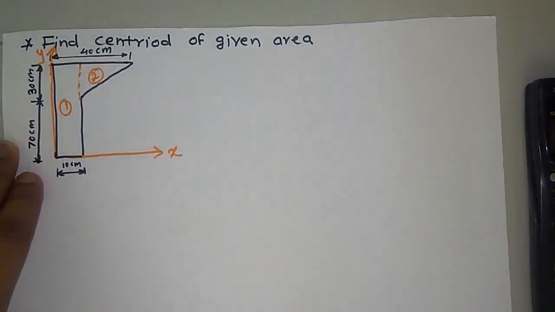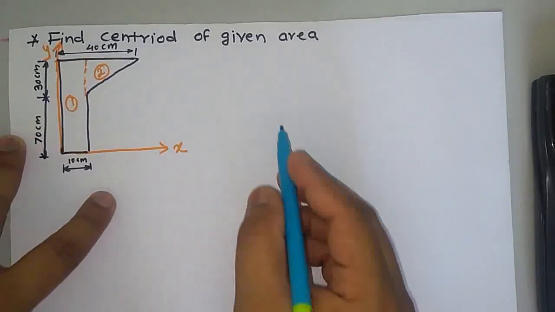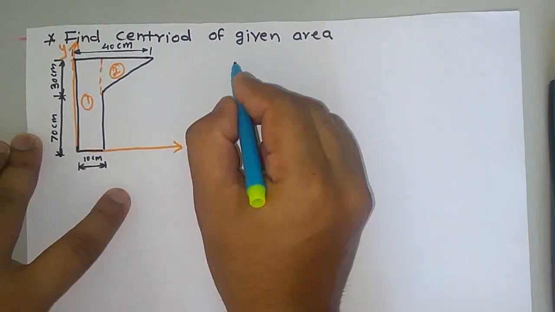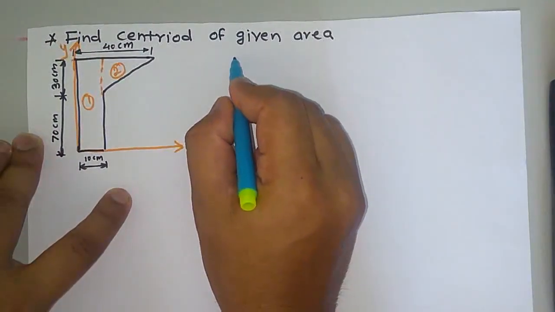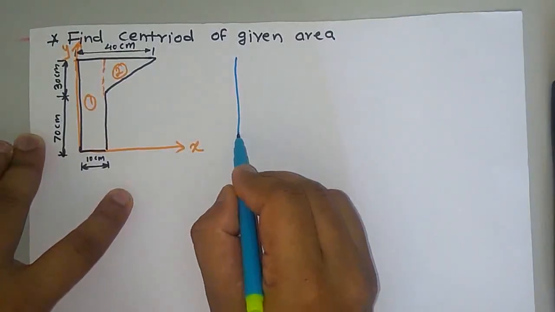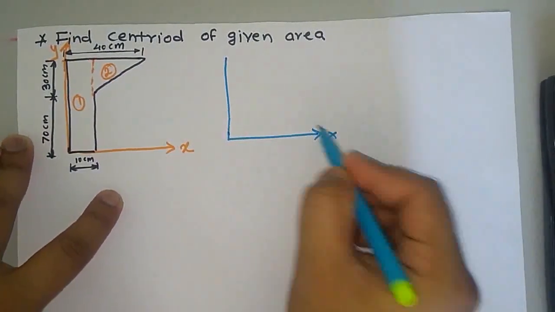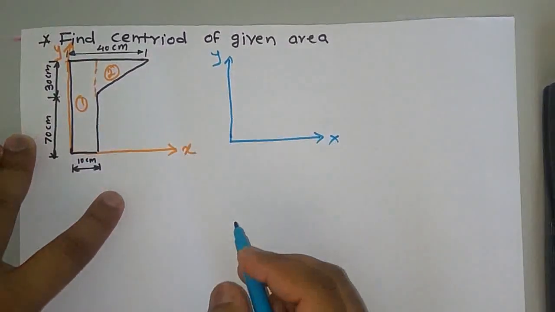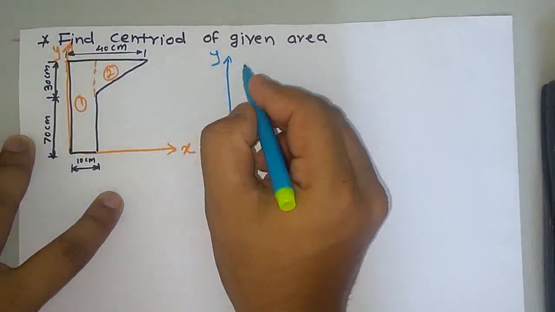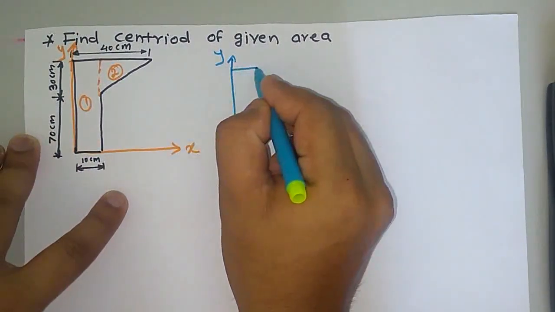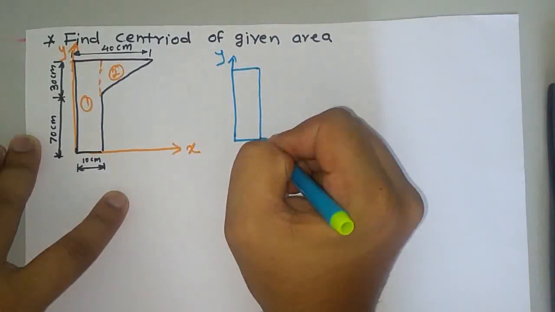The simple method to solve this is to take each part separately with respect to the axis, so our axes are x and y. This is our first part, which is a rectangle, right?